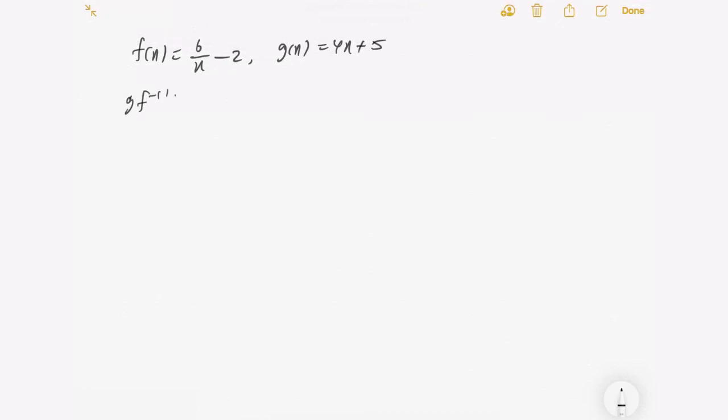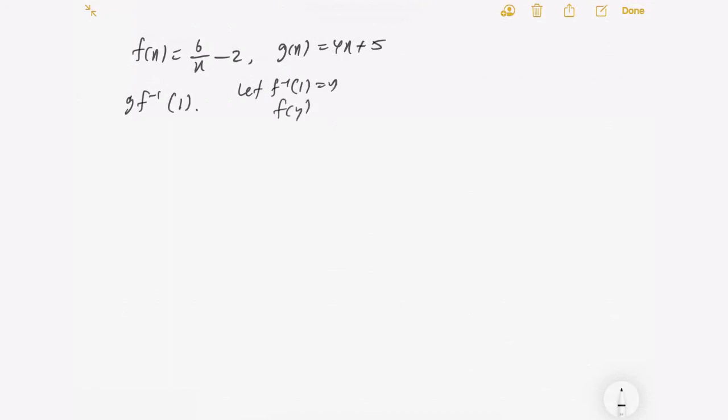Okay, so let's say I want to find g f inverse 1. Now this one looks difficult. Not difficult actually. So how do you find g f inverse 1? Again, I don't want to find the inverse function of f. I let f inverse 1 become y.